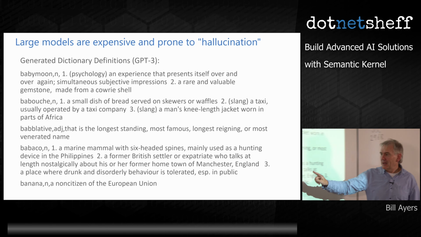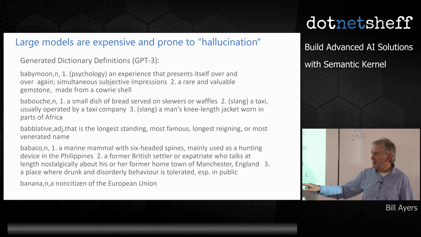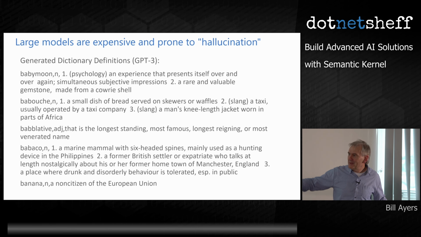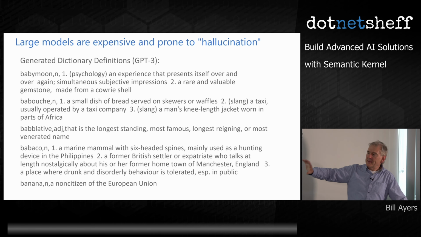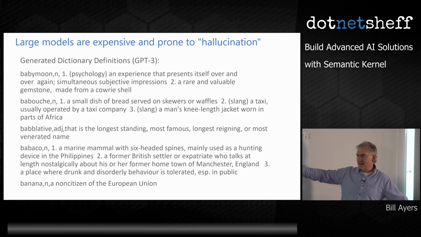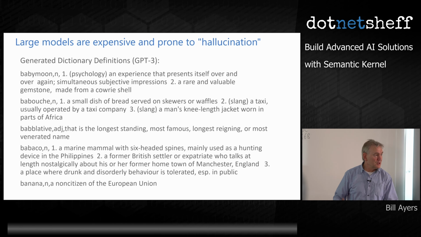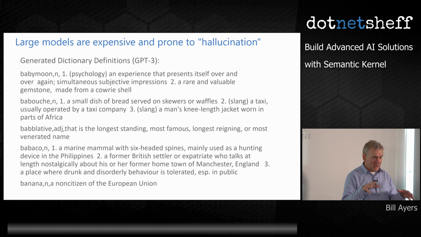Number 3: a place where drunken disorderly behaviour is tolerated, especially in public. That could be Manchester, actually. So the problem is that the models, it's typically called hallucination, where they just come up with total garbage, but it sounds plausible and it's confidently delivered. So this is a big problem with these large language models: how do you ground them in relevant information?